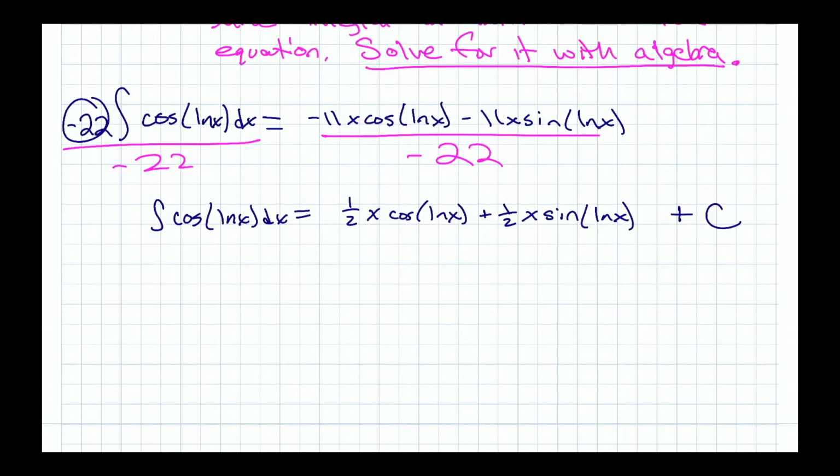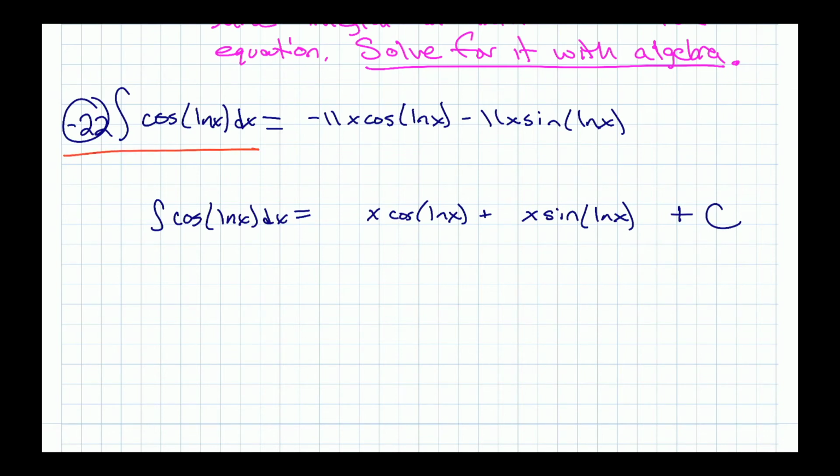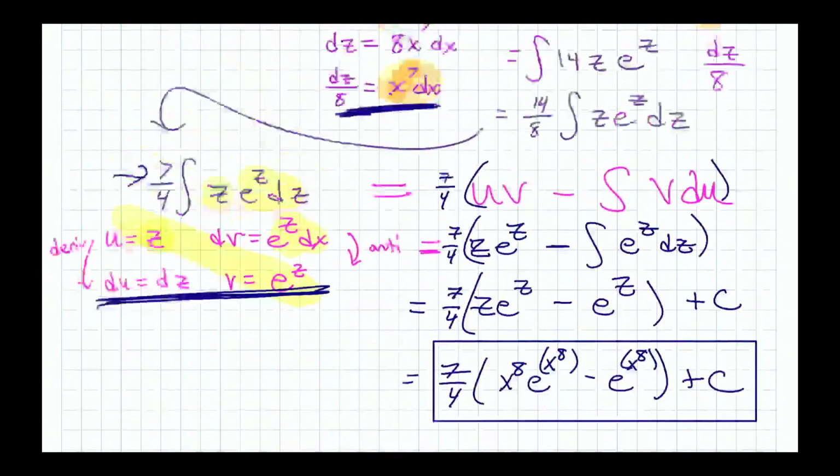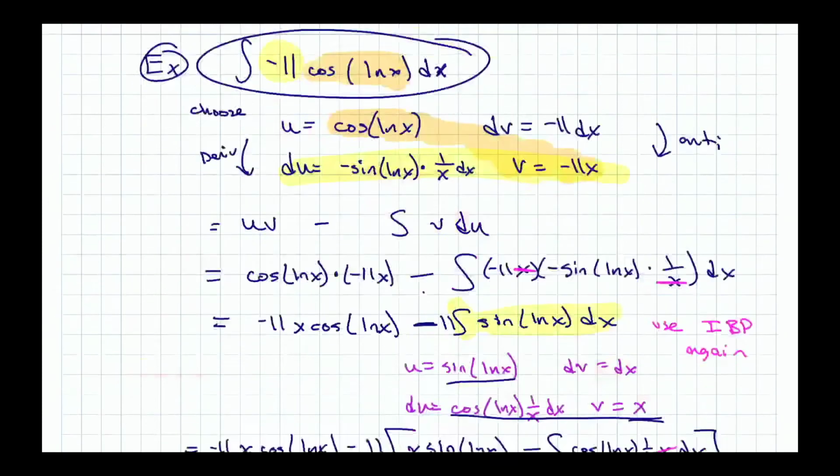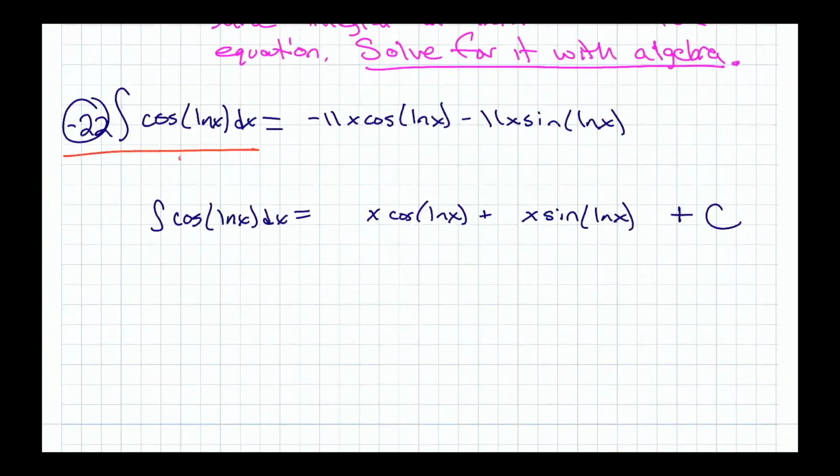So what I should have done, if I go back here, is not divide everything by 22, because I want to have an 11 there when I'm done. So I should just divide by negative 2 or 2. Where is it? I want a negative 11, so I should have divided by 2.